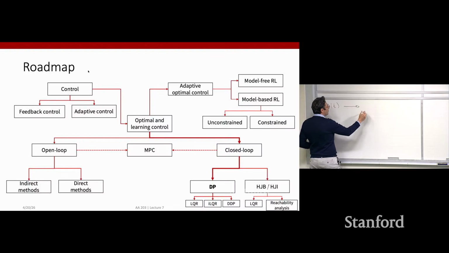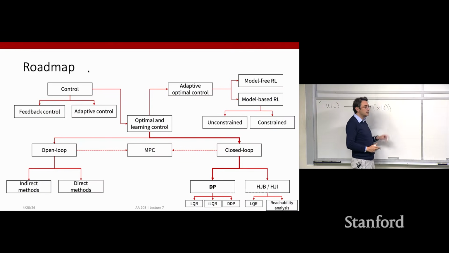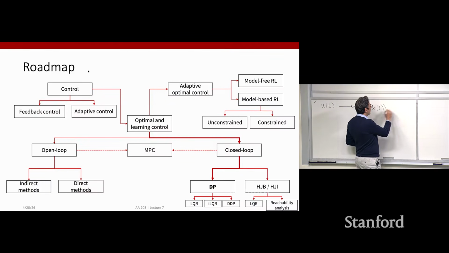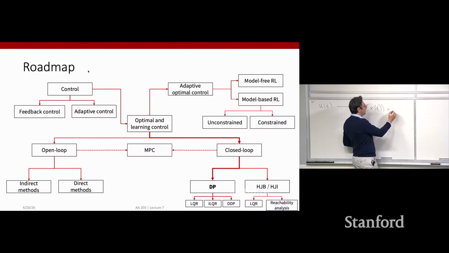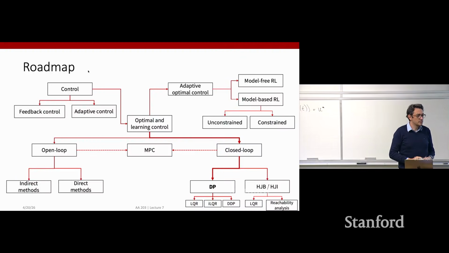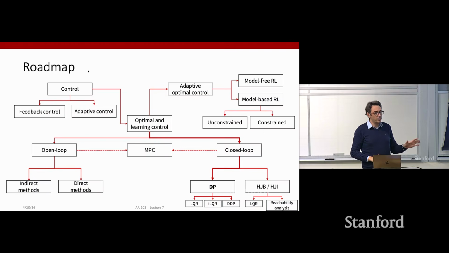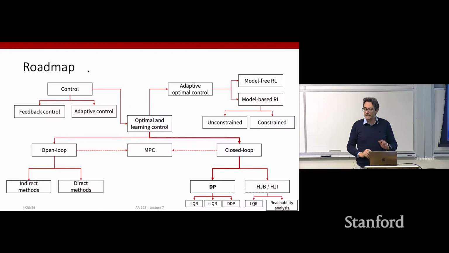Now, we want to find a control law that maps all possible states that one can achieve at time t. It gives us, for all possible states that one can achieve at time t, the optimal control u star. Again, as I said during the first lecture, the notion of open loop and closed loop is quite natural, but sometimes might lead to some confusions.